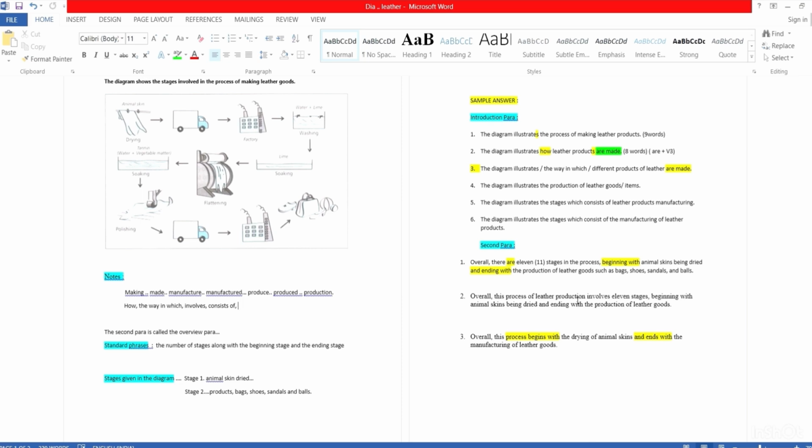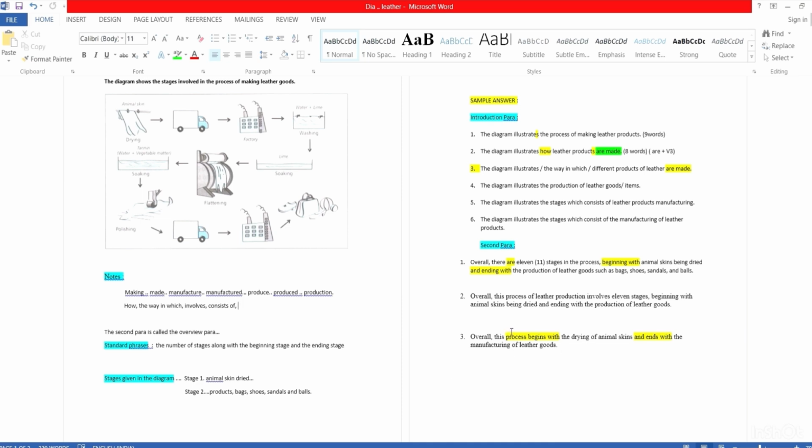This process of leather production involves 11 stages, comma, beginning with, don't forget the word with here, beginning with animal skins being dried and ending with, again, don't forget the word with here, ending with the production of leather goods. Don't forget the word the here. So it is the production of. Right.